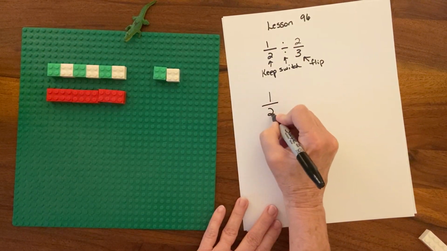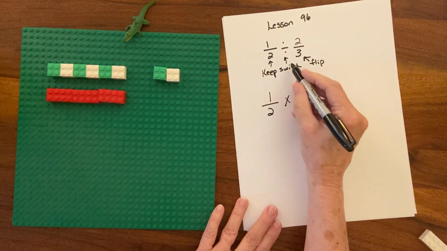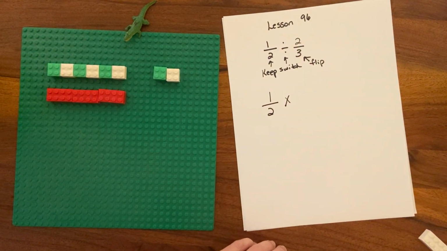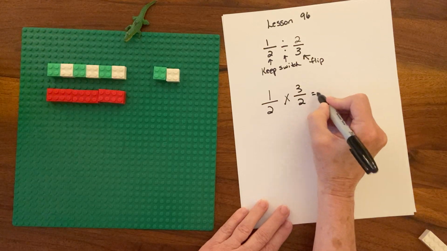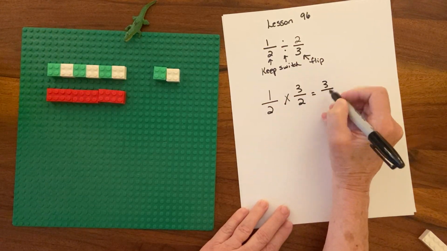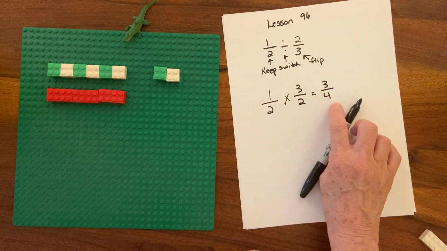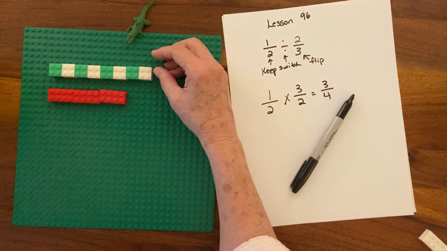So 1/2, keep that, switch the sign to multiplication, flip this, and when I flip it, do you remember that's the reciprocal? So I'm going to use that reciprocal, and I'm going to say 3/4.